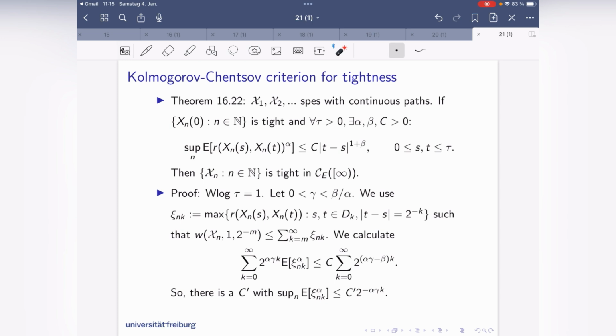So I need to show that the increment, not the maximal increment, but the increment, and the alphath moment of the increment, in the worst case, where n goes to infinity, is bounded from above by t minus s to the 1 plus beta. Then the xn's are tight in the space of continuous functions.